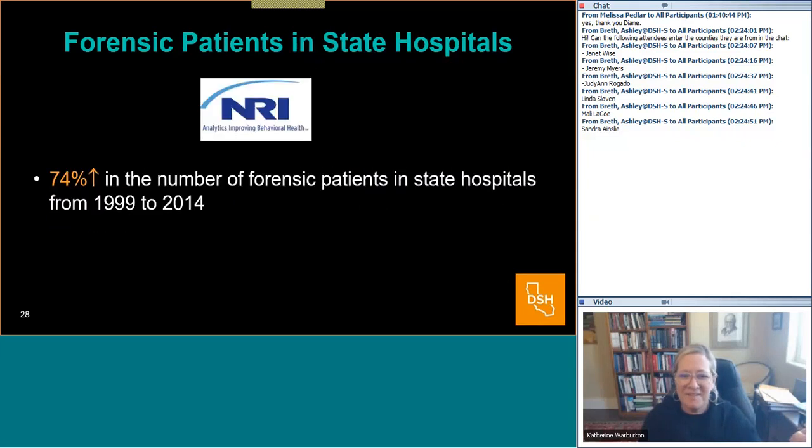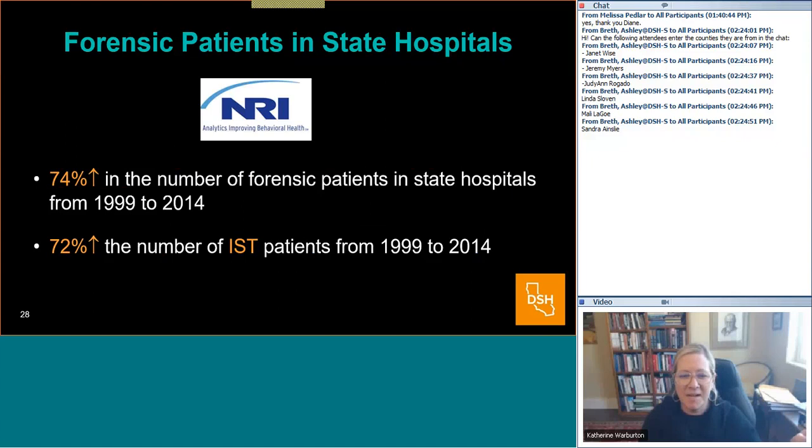Finally, in 2017, this report came out. This was very, very helpful to us because the Nashville Research Institute was able to get some actual quantitative data that gave us a number, and that number is that the number of forensic patients in state hospital point in time increased from 1999 to 2014, increased 74%, and the number of incompetent to stand trial committed patients in state hospitals from that same time period rose 72%.